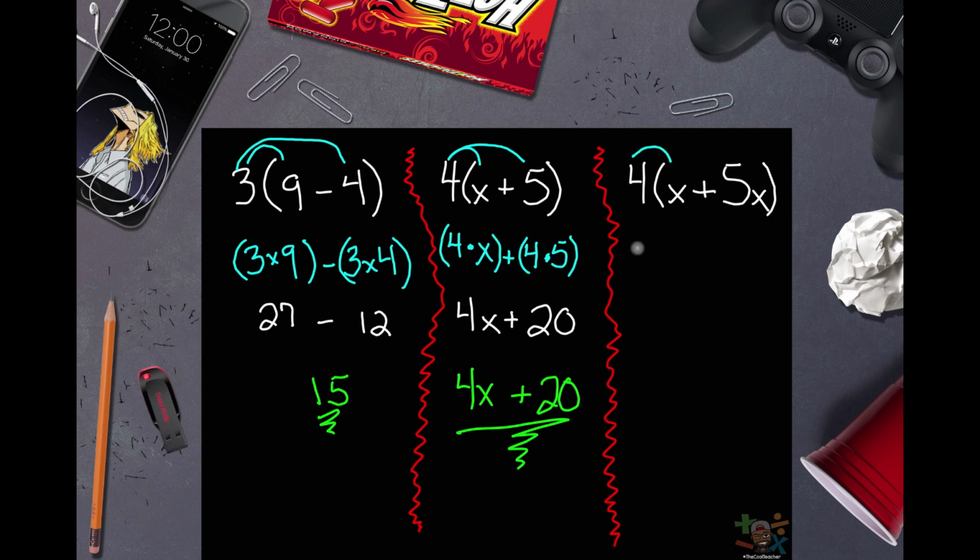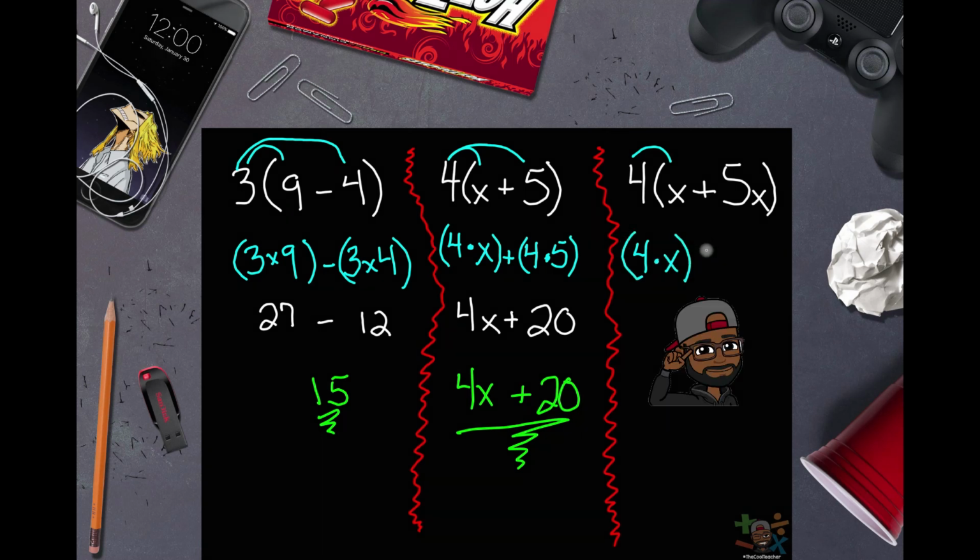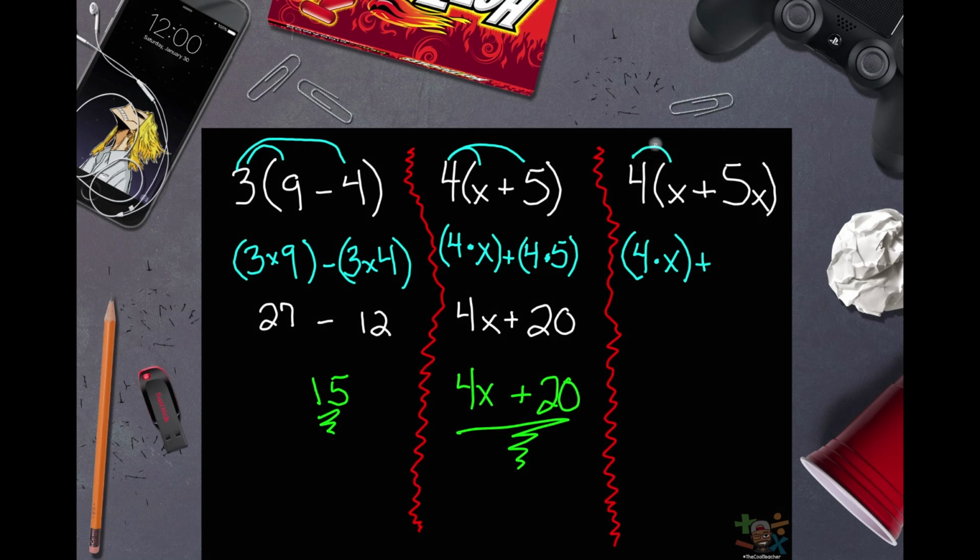So just like we did over here, this is going to be 4 times x. All right, put the parentheses and let me remember to bring my sign down. And then 4 times 5x, which I'll write like this, 4 times 5x. All right, and section it off through parentheses. All right, and we're going to go ahead and multiply them together.